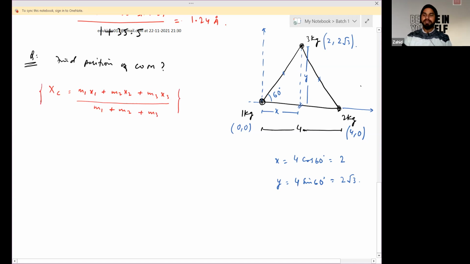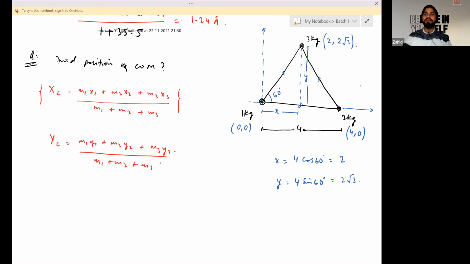Just put the values in this part. You will get X center of mass. It will depend upon your choice.